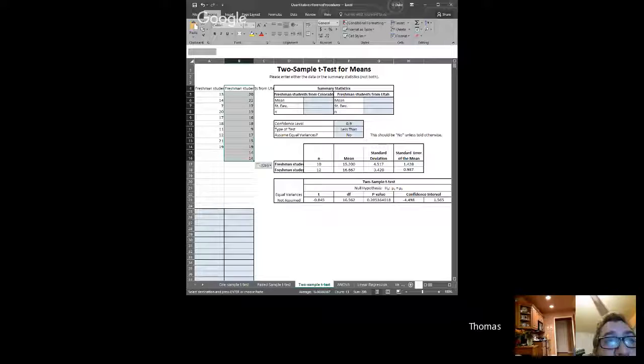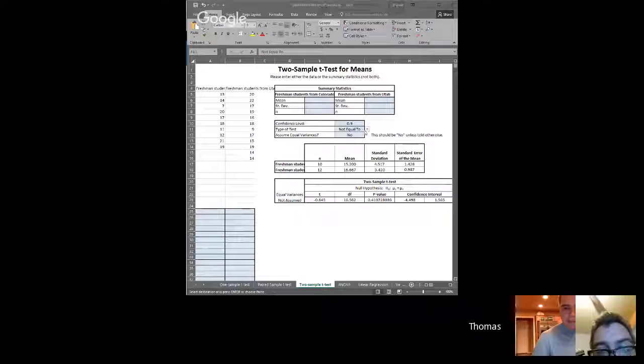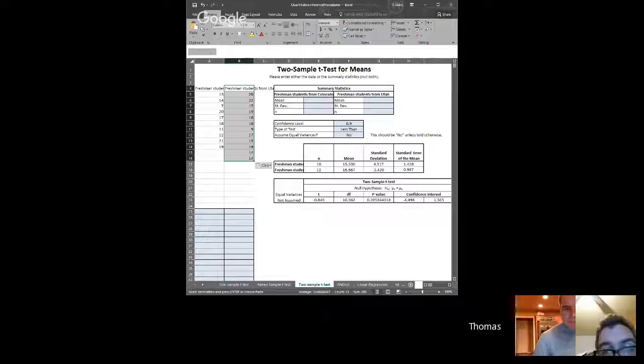So it's a not equal to test. For question 14, what is the p-value? I got 0.411. Is that 0.205? You want to change it to a not equal to test instead of a less than or greater than. You're right.